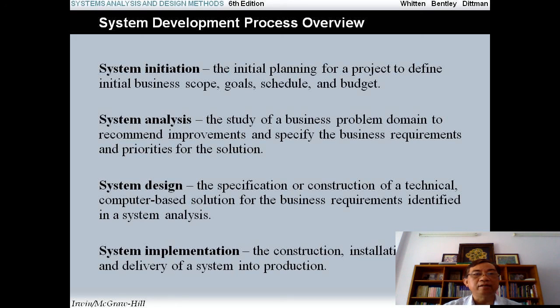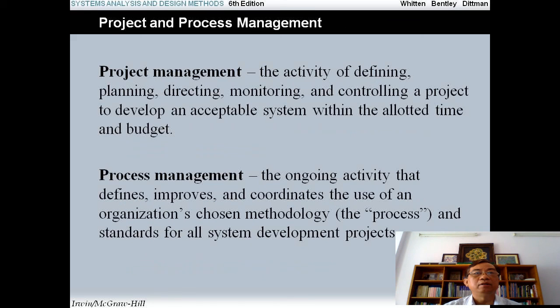System design is the specification or construction of a technical computer-based solution for the business requirements identified in the system analysis. System implementation, the construction, installation, testing, and delivery of a system into production.